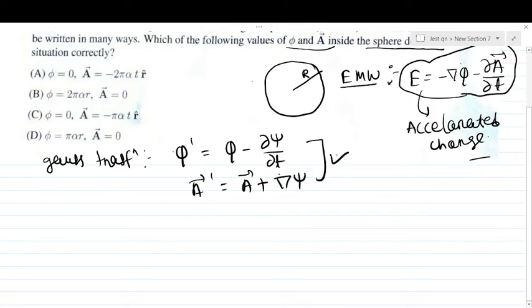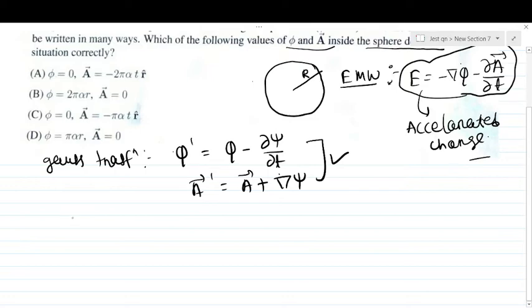This should hold for any vector or scalar potential. Here the charge density is given, so we can calculate the electric field.